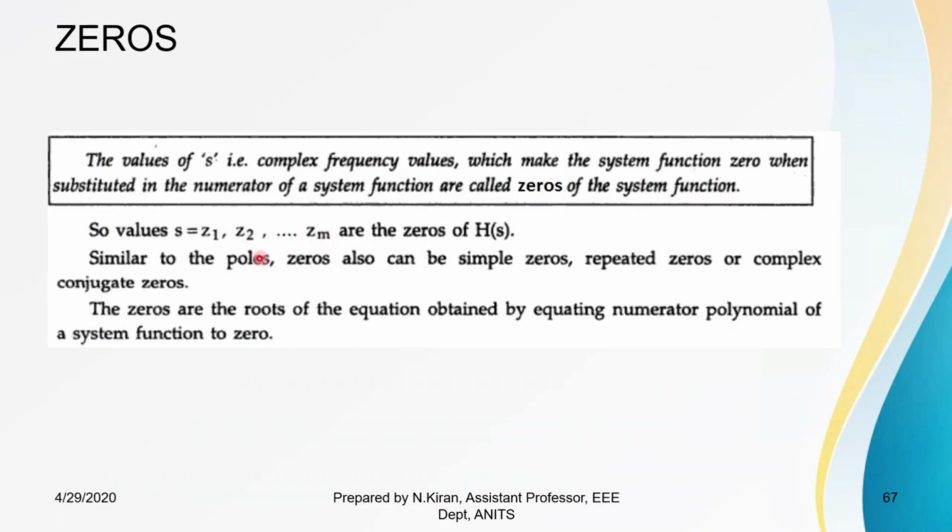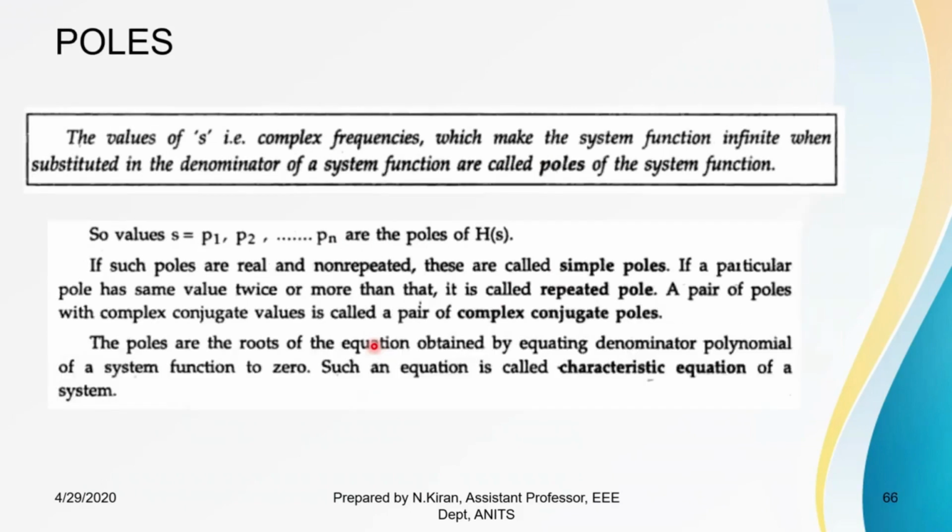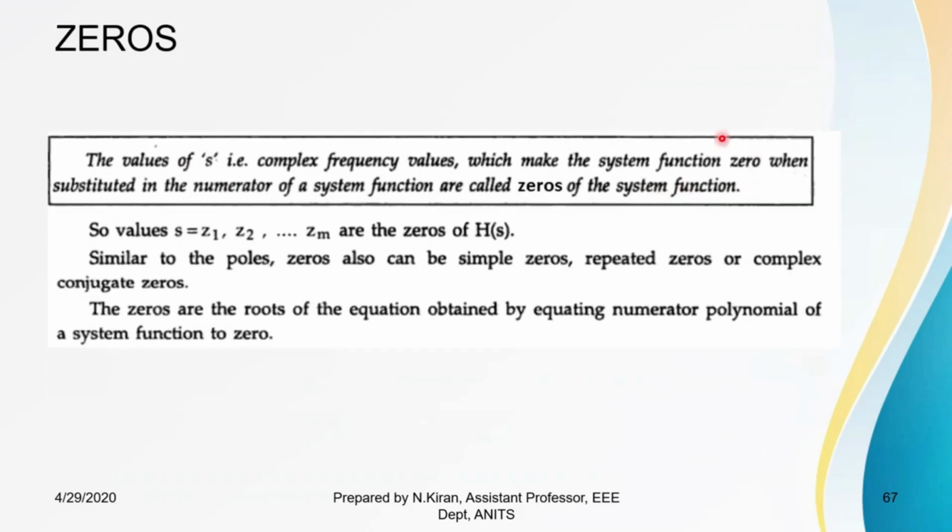Similarly, as with poles, zeros also can be simple zeros, repeated zeros, or complex zeros. So as we can see, the poles are the values of s which make the given function infinite. Similarly, the values of s for which the given function becomes 0 are called zeros.